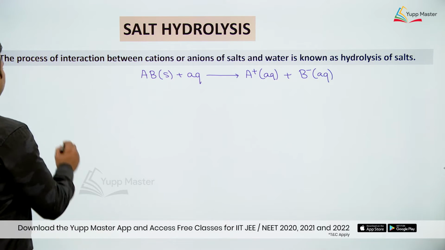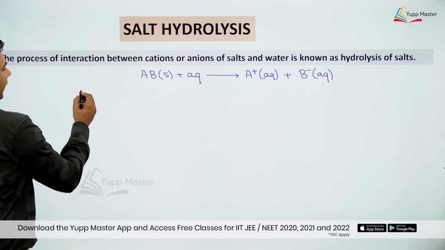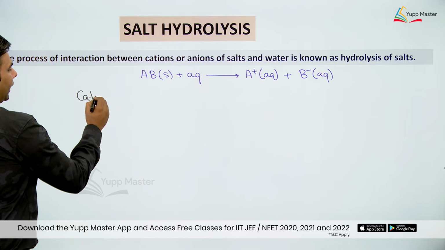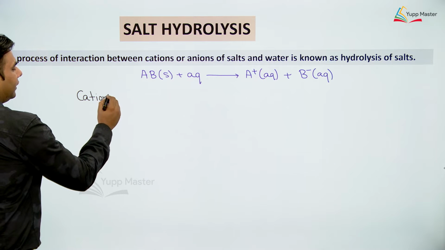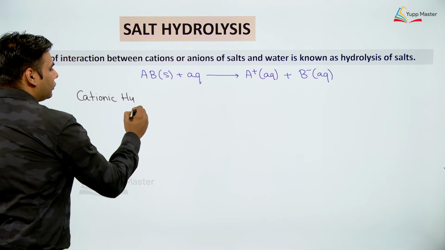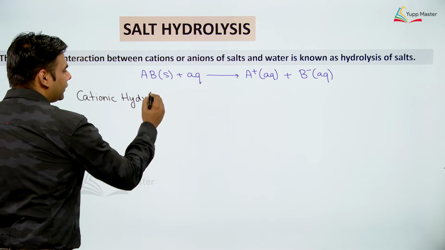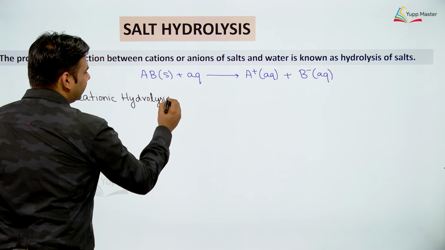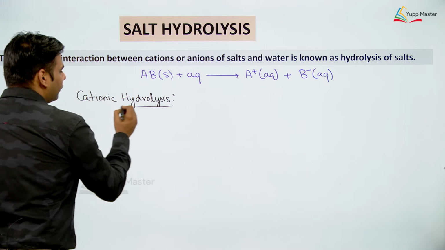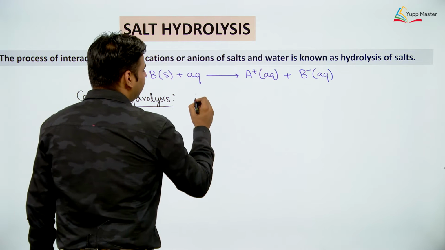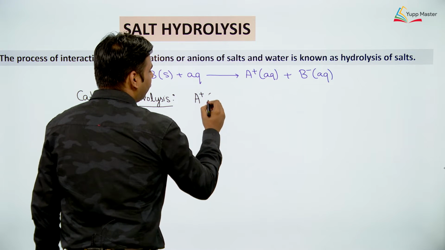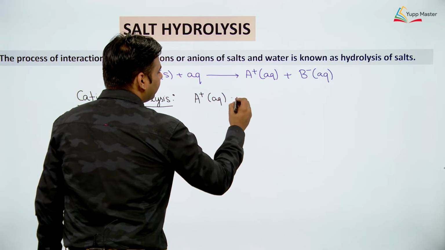Okay. So what do we understand by the term cationic hydrolysis? So hydrolysis is nothing but basically the interaction of the solvent molecule, or water molecule in this case, with the individual ions of the salt. So what happens is this cation would get surrounded by water, right?